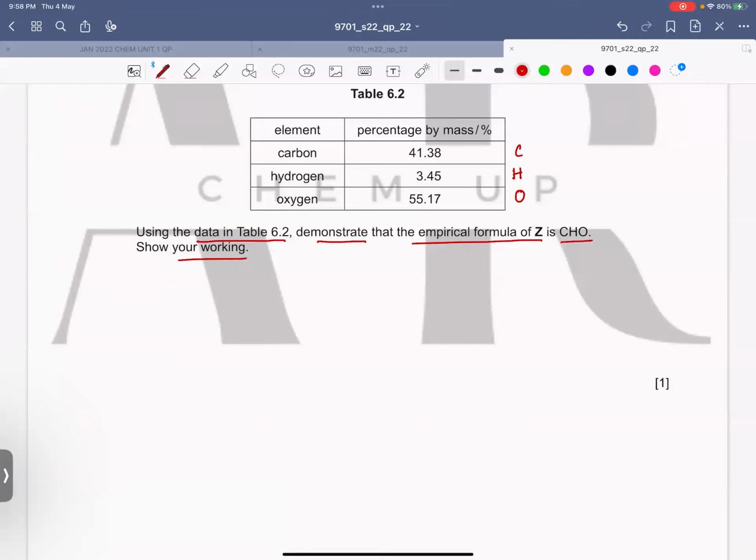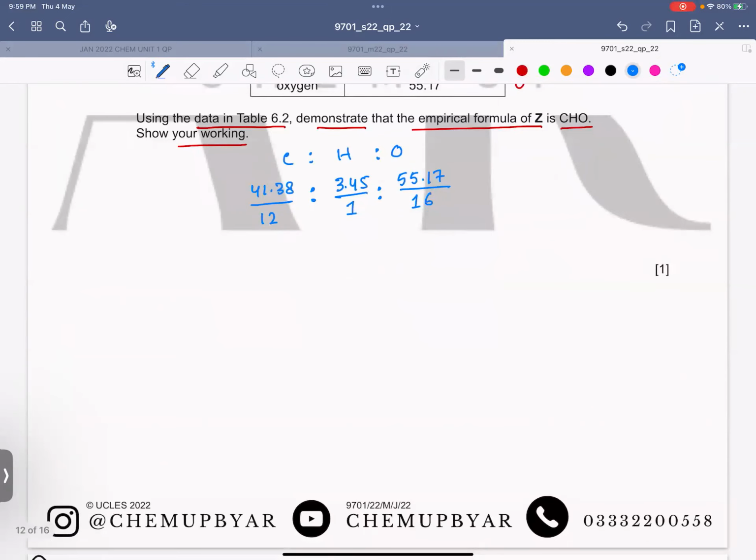Show your working. I think everyone knows how to find the empirical formula. As carbon is 41.38%, I have to divide it by its Ar. Hydrogen is 3.45%, so I have to divide it by its Ar, which is 1. And oxygen is 55.17%, so I have to divide it by its Ar, that is 16. So can anybody tell me the values, please?